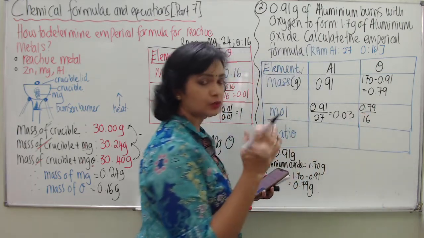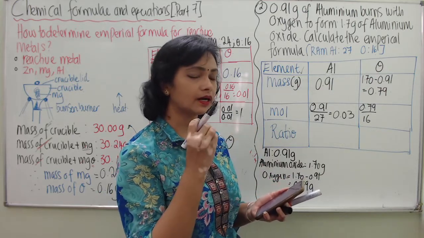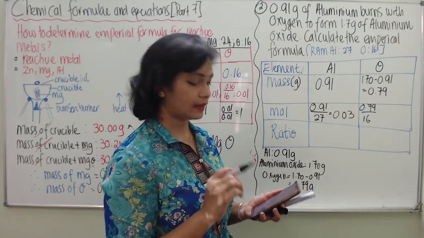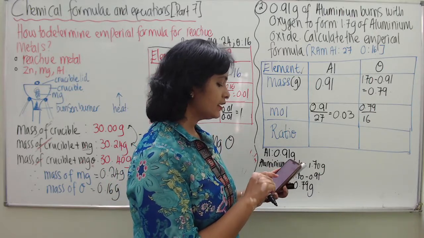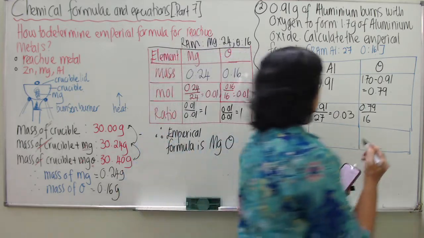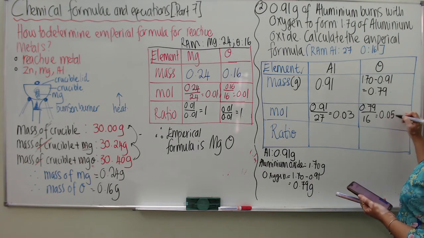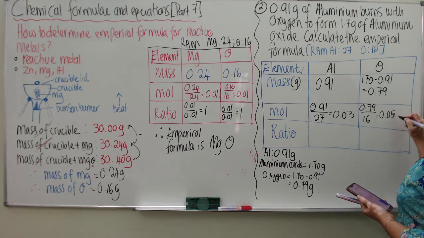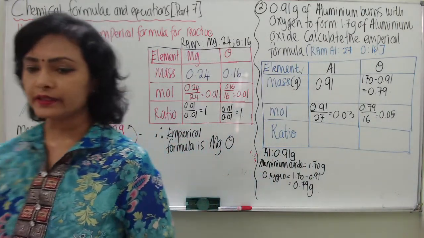Roughly I just put it. We have too many numbers, so I take the nearest 2 decimal places. Now for oxygen, 0.79 divided by 16. So students get 0.05 mole.